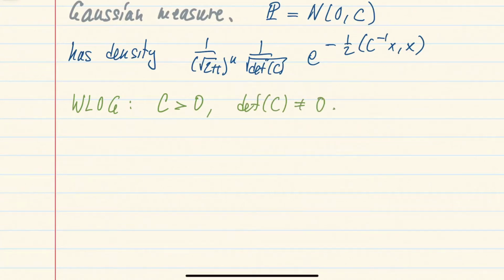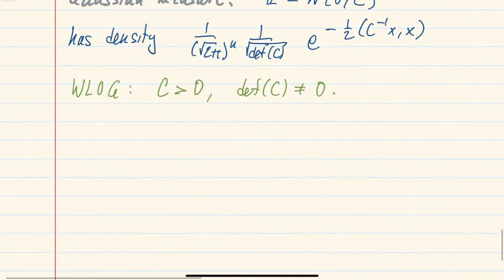Now, if the determinant of C is zero, it just means that our probability measure is concentrated on some proper linear subspace of R^n, and so we can simply restrict ourselves to that subspace. And because in the concentration inequality, the distance from a point to a set will be the same distance as in the ambient space, if you prove the result on the subspace, it's the same result that we want.